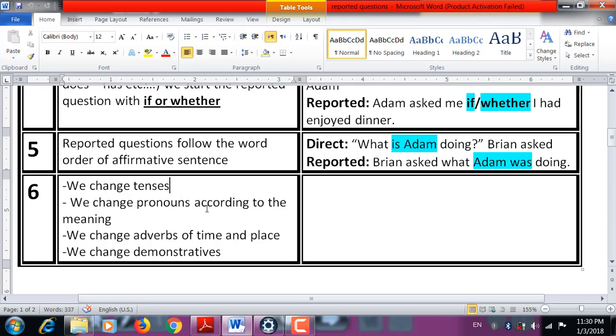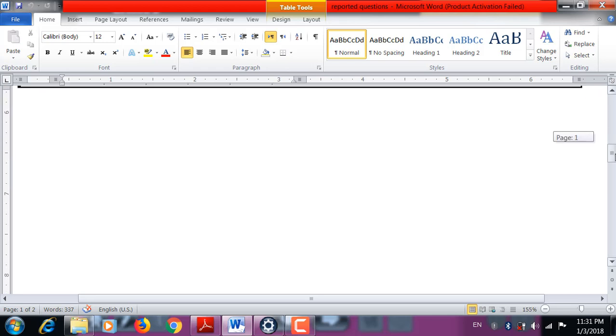We change the pronouns according to the meaning, according to the speaker and the addressee, right? We change I into he or she, and so on. We change the possessive pronouns, and so on. We change adverbs of time and place, like yesterday, tomorrow, next week, and so on. We change demonstratives like this into that, these into those, and so on, right?